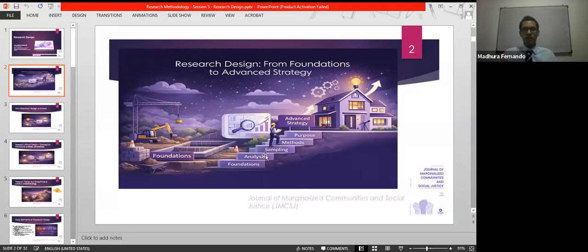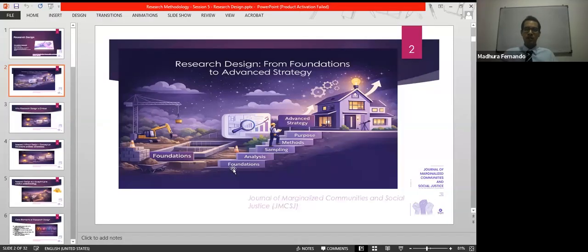And there is a person who is climbing some steps. The steps are named as foundation, analysis, sampling, methods, and purpose. So this symbolizes your research journey.